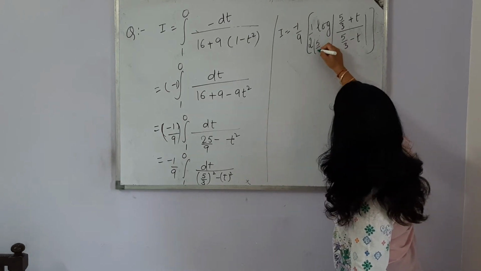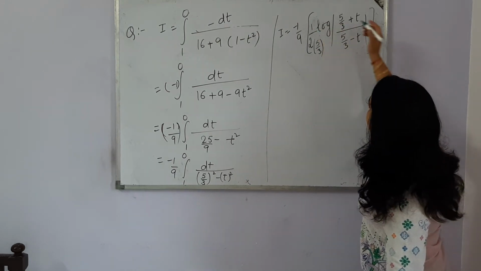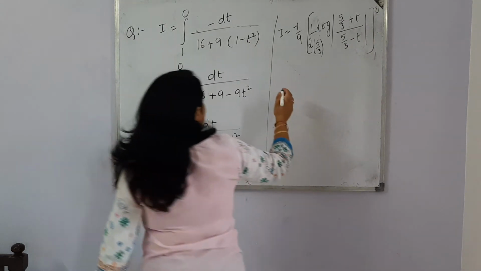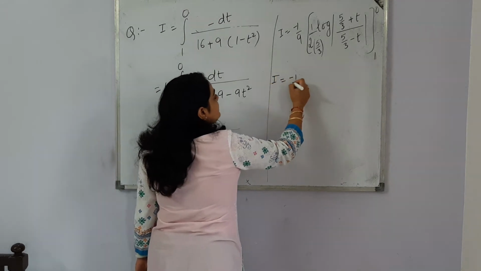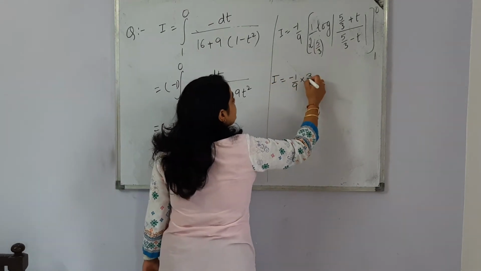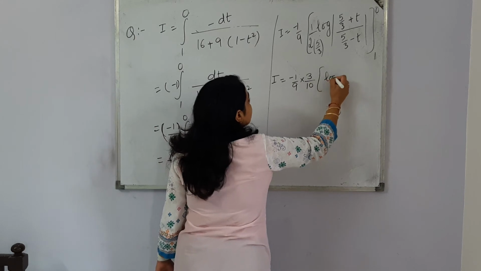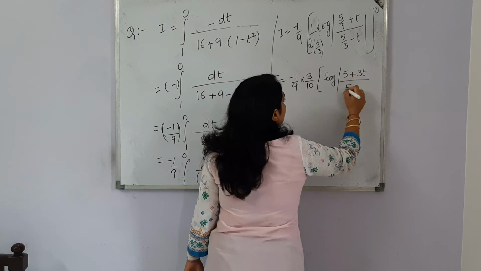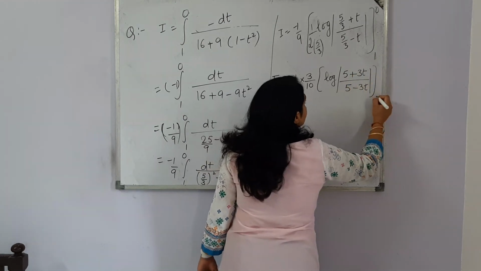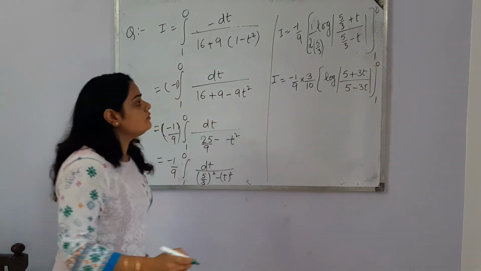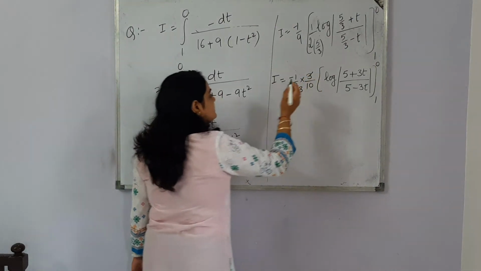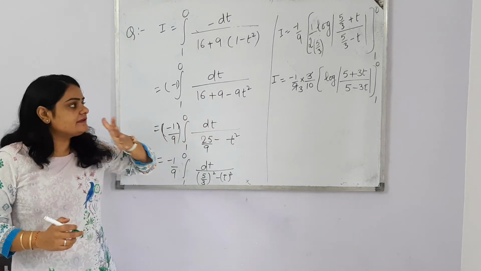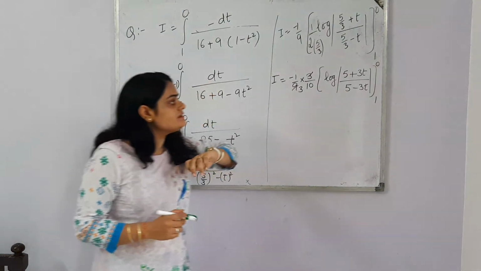It is 5 by 3, and the limits are 1 to 0. So this is constant. Can I take out? It is minus 1 by 9, 3 by 10, and inside is log of, I am taking LCM here, 5 plus 3t whole upon 5 minus 3t, and the limits are 1 to 0. Here 3 can cancel out with 9, 3 threes are 9. Now I am getting minus 1 by 30, the next term log of 5 plus 3t upon 5 minus 3t.